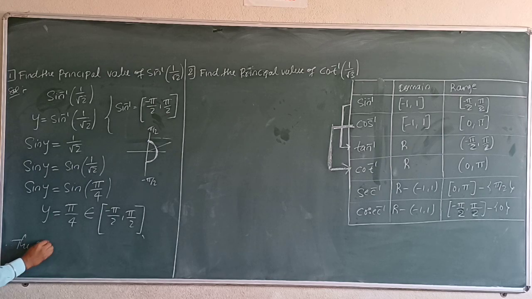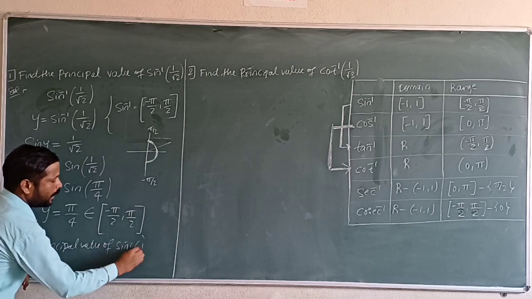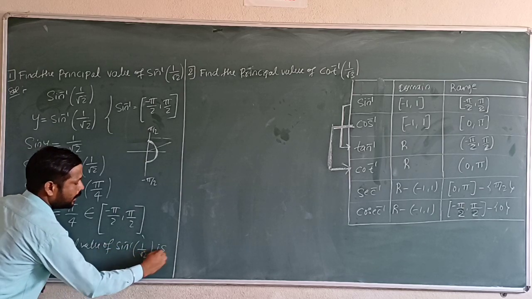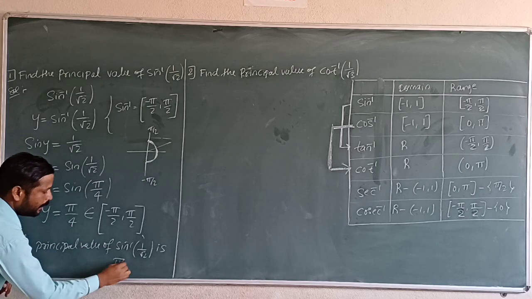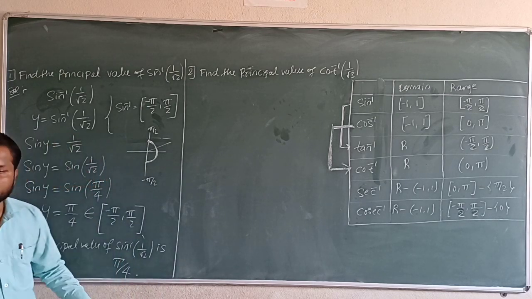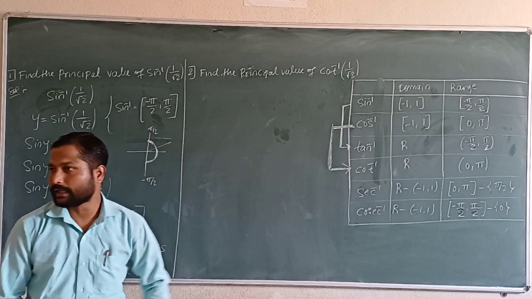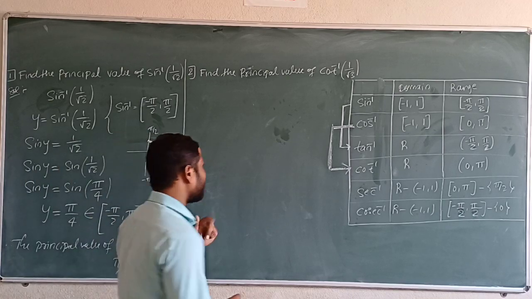Therefore the principal value of sin inverse 1 by root 2 is pi divided by 4. If it is inside the range, write the direct value from the table. Suppose it goes outside, what happens?